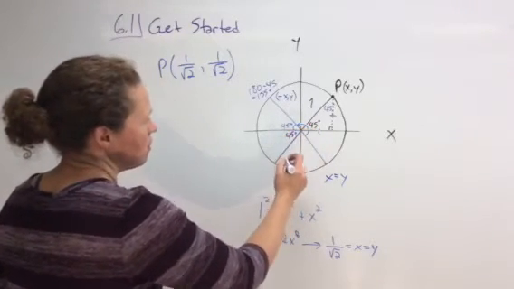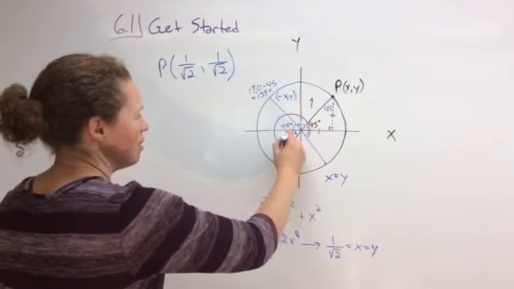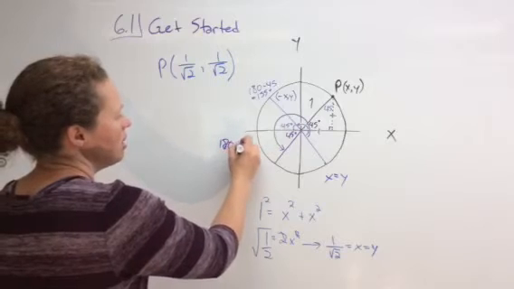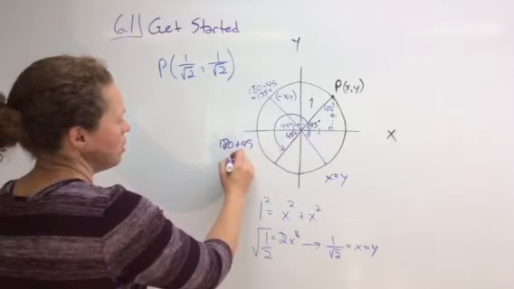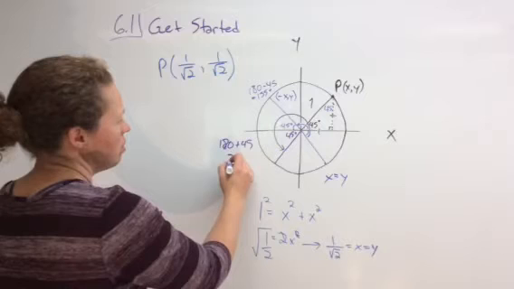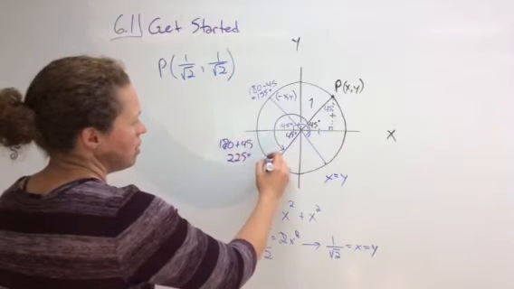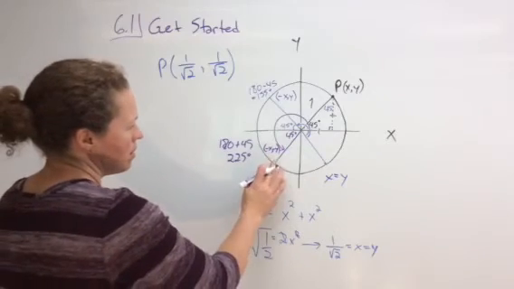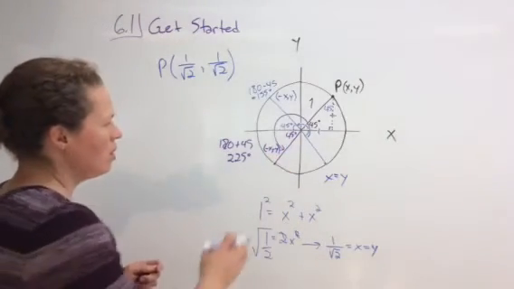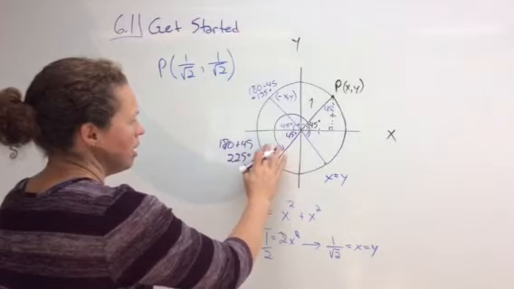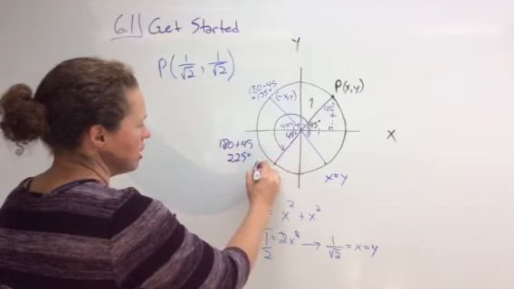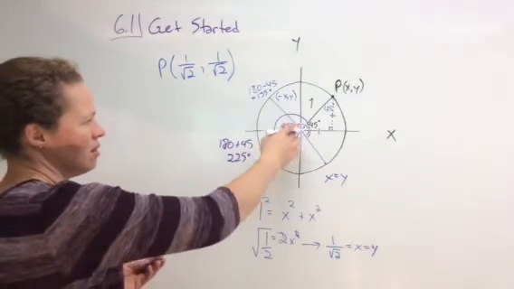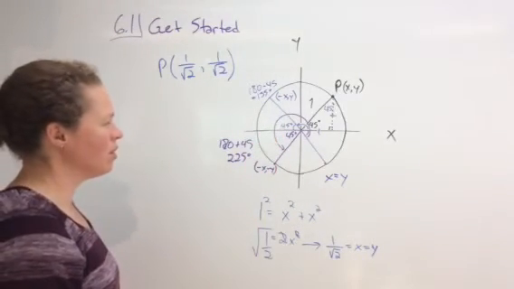This one will be 45 degrees, so this angle that comes through here is going to be 180 plus 45, which gives me 225 degrees here, and I'm going to have negative x and negative y at this point. But the absolute value of those numbers will be the same again, because this is an isosceles triangle.